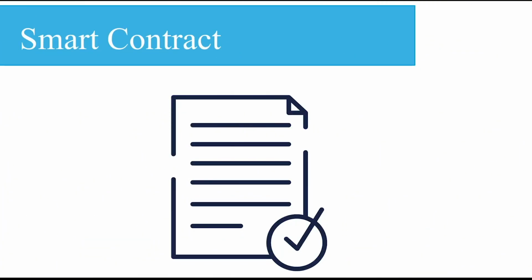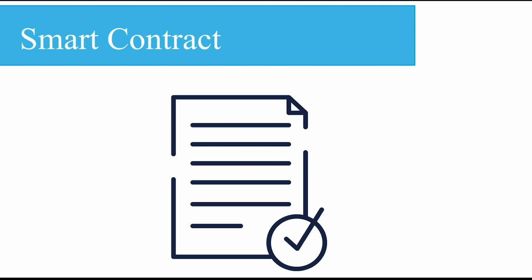Now we are going to talk about a very important topic, that is smart contract. So what is a smart contract? A smart contract is nothing but a program that runs on the Ethereum blockchain. So the question arises, why do we call it a smart contract if it is just a program? The reason is very simple.